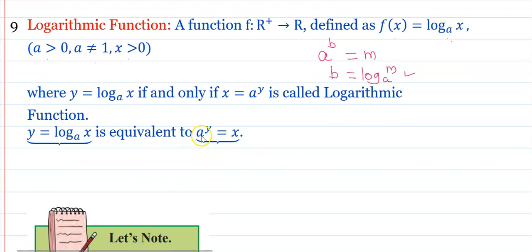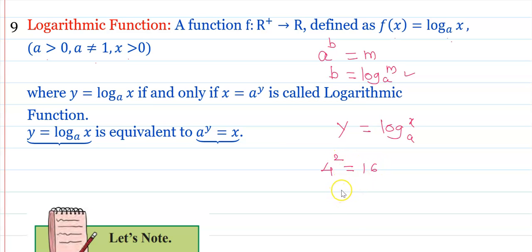Now also, a raised to y is equal to x. Again this can be written in the logarithmic form, that is y is equal to log of x to the base a. Again you can see more examples. We know that 4 raised to 2 is 16.